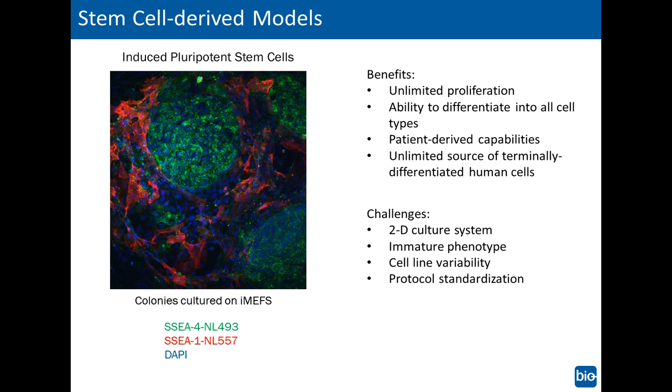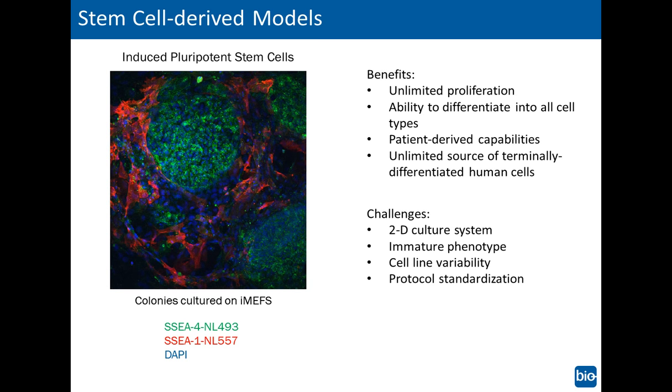Some of the outright challenges with working with pluripotent stem cells: again, historically they're typically cultured in 2D monolayer types of systems, and starting with induced pluripotent stem cells, the terminally differentiated cell types tend to have a more immature phenotype than what you would find in adult cells from the tissue.